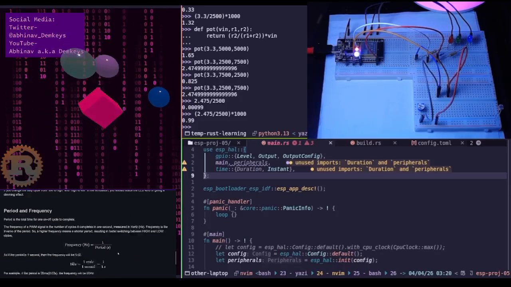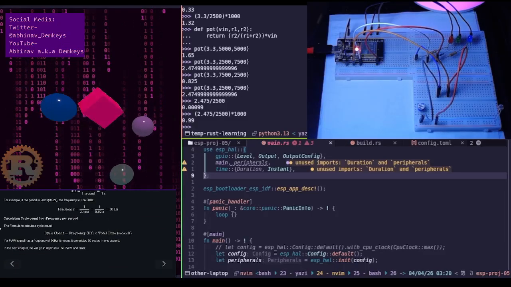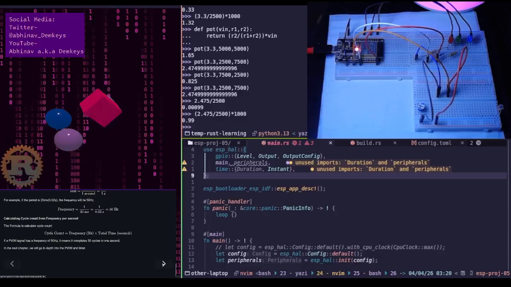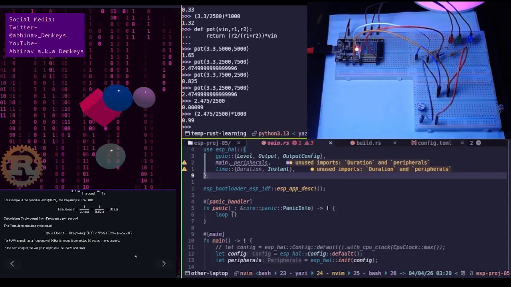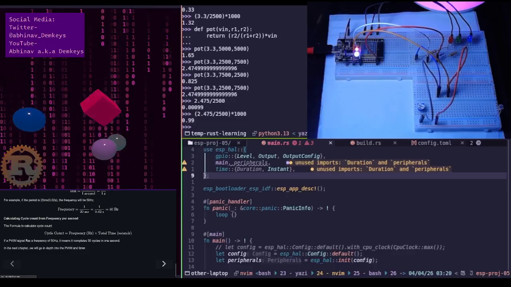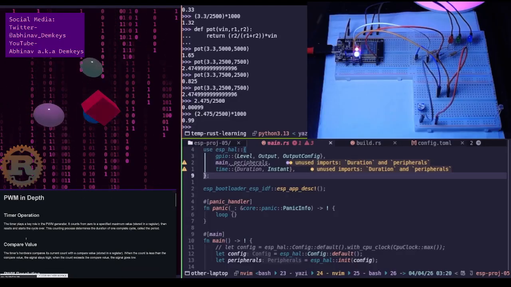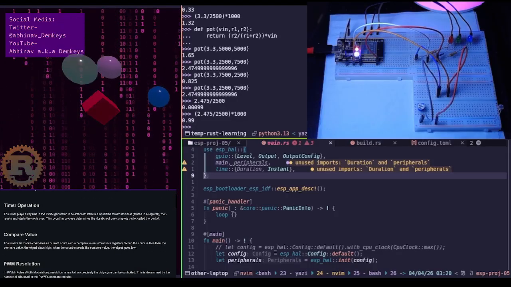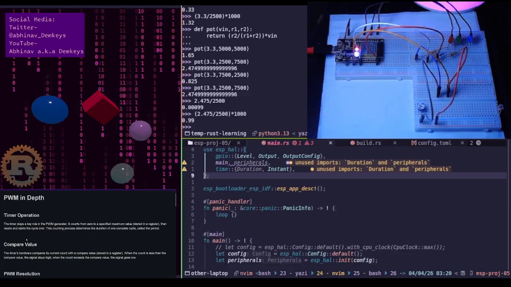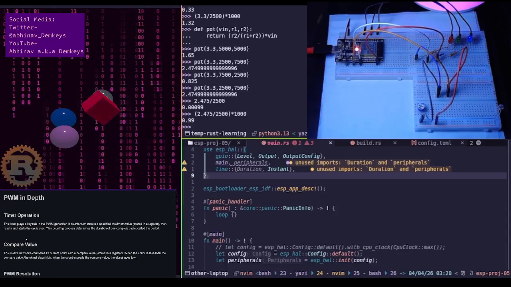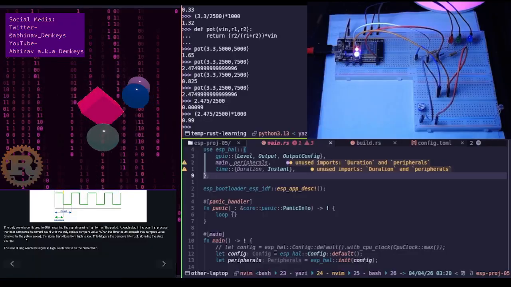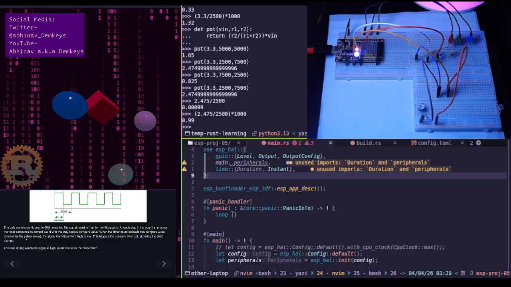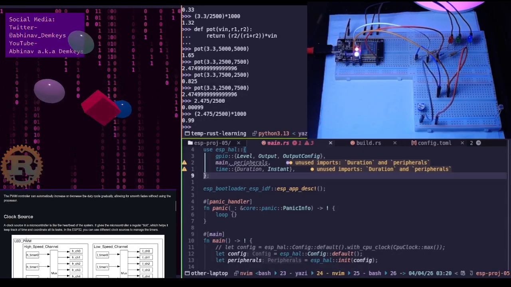So yesterday we got done with this entire page. We read up on some of the math behind PWM. Now we are going to go to the next page and read about PWM in depth. Actually, hold on. PWM controller.